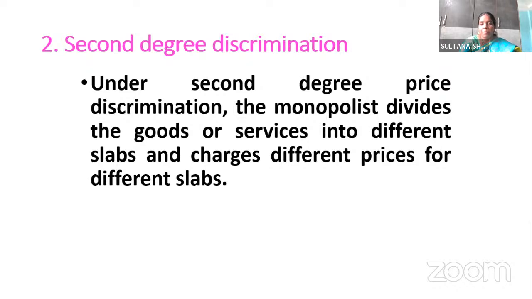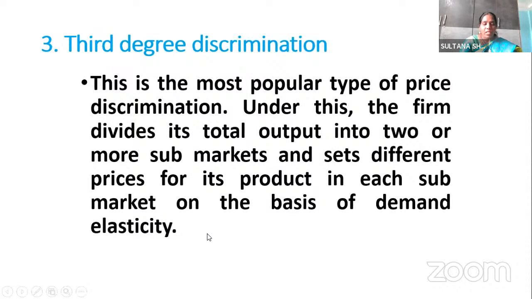He may fix the quantity and price: in one market one quantity and one price, and in another market another price. Let us see this in detail in the graphical representation of second degree price discrimination.